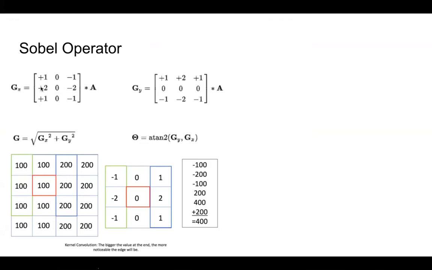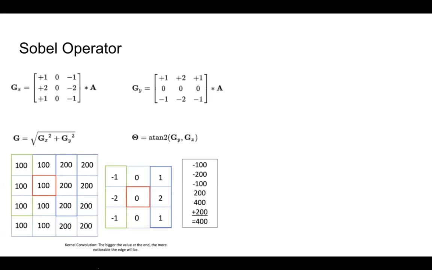What we discussed, taking the first derivative and second derivative, is like saying, using first order derivative we can find the edges, or using second order derivative we can find the edges.